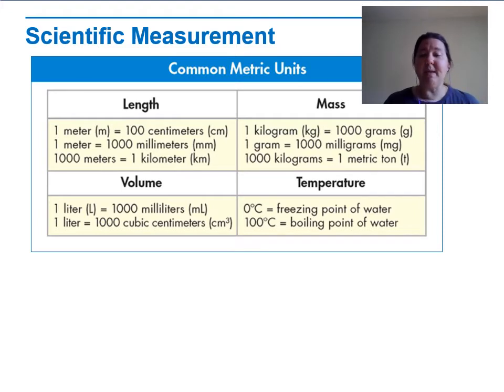Because if you can multiply and divide by 10, you can move around the metric system super easily, as opposed to 12 inches equals 1 foot, 3 feet equals a yard, and then however many yards equals a mile. I don't even know. Why? Because it's complicated.